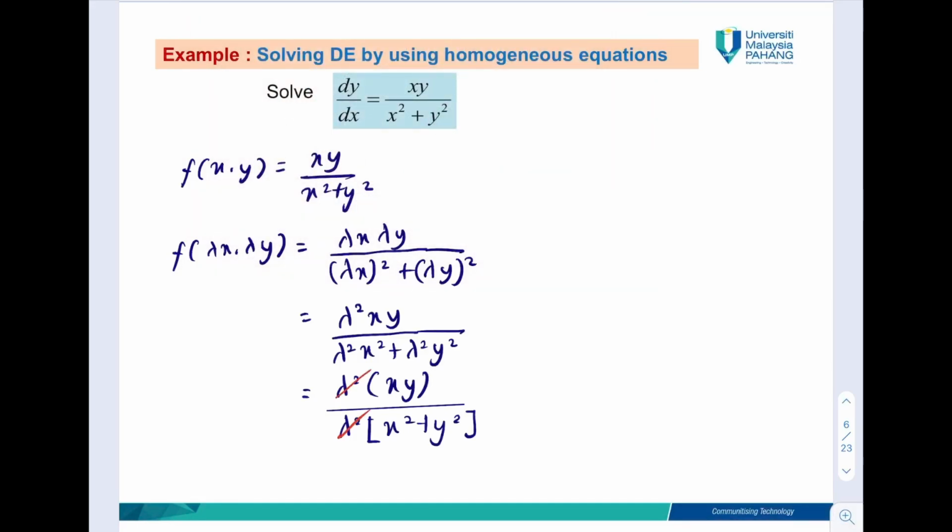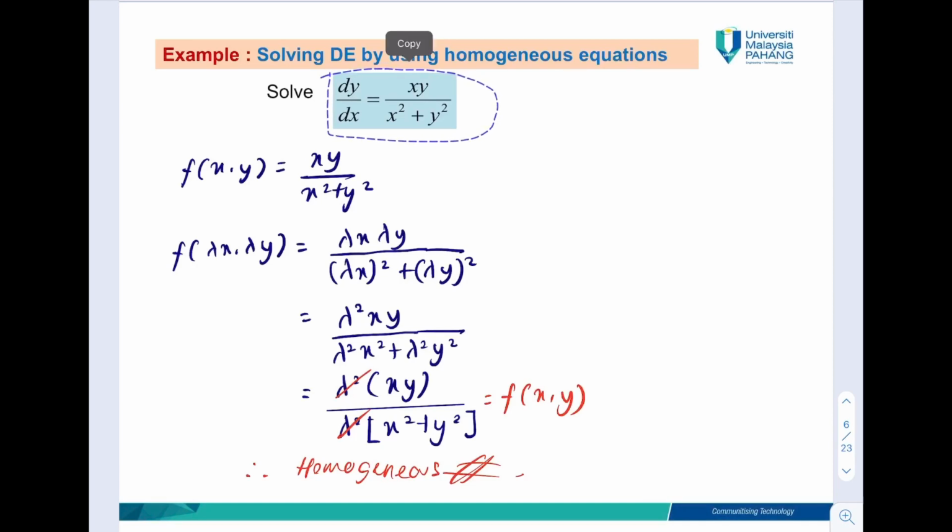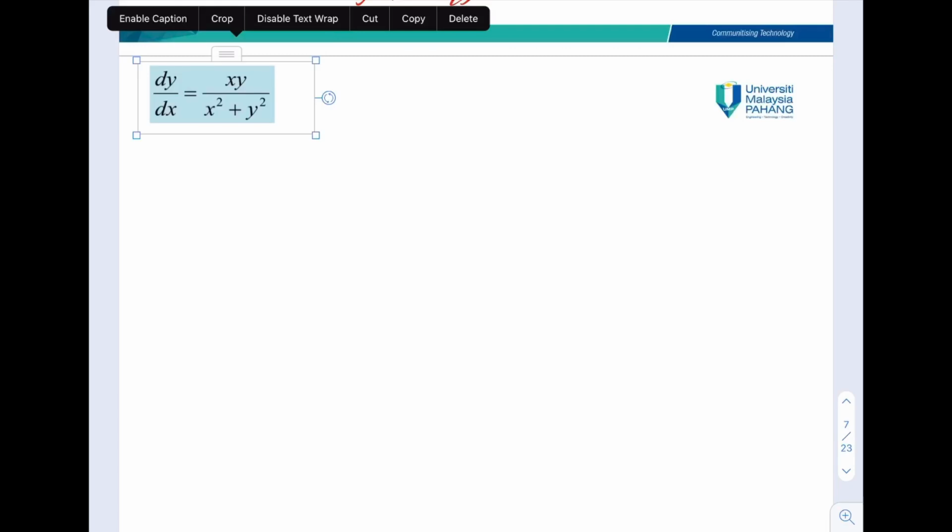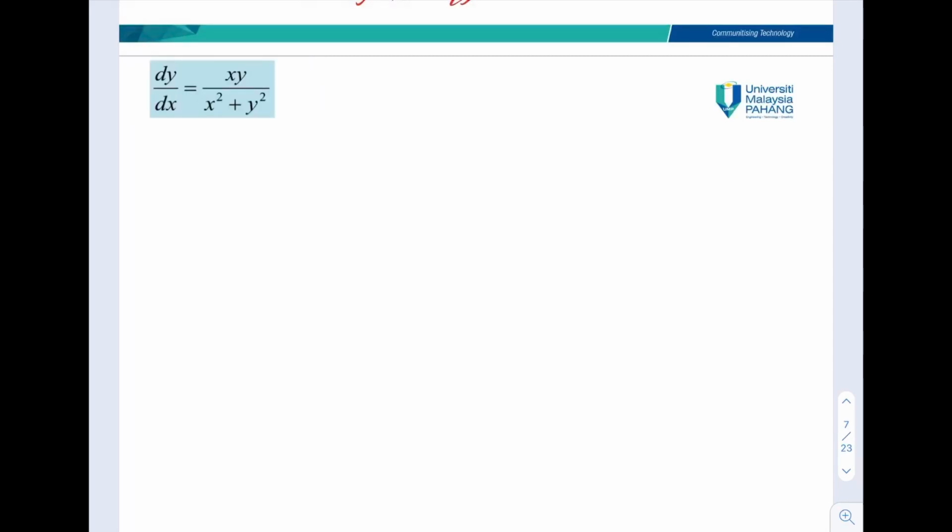So obviously we have f(x,y) back, isn't it? Thus this one is homogeneous. So clearly we can use the homogeneous method. To solve this equation, I copy this one to here.